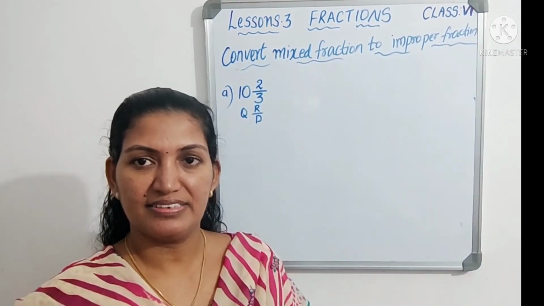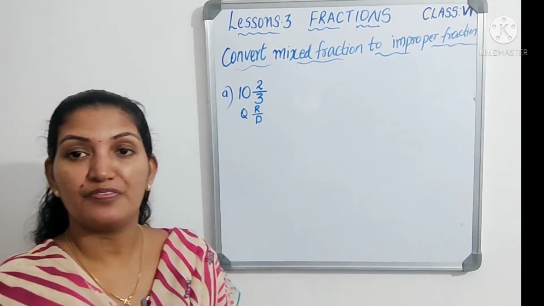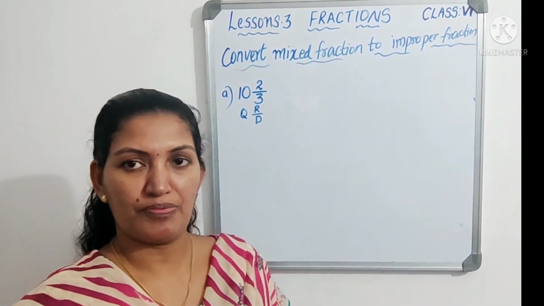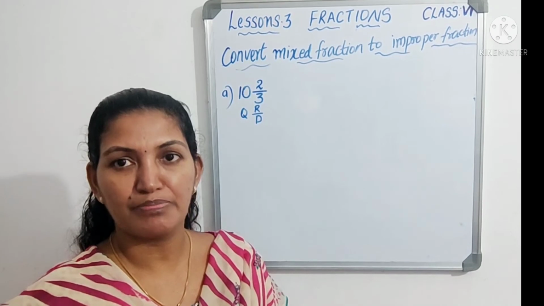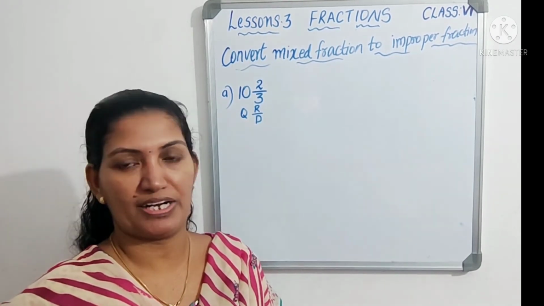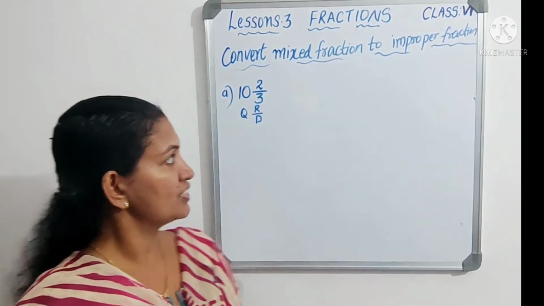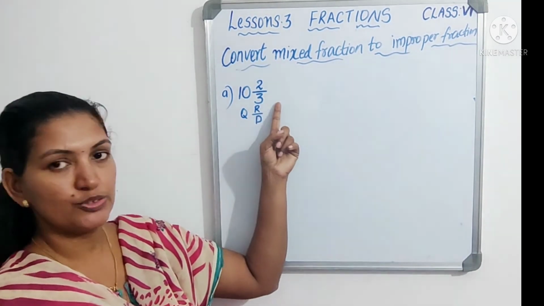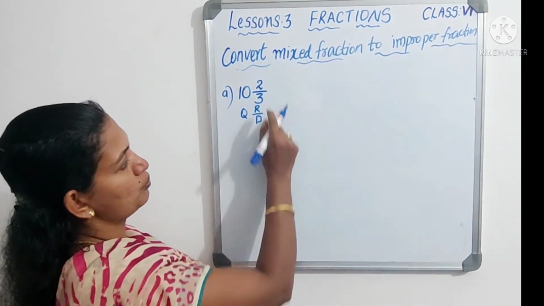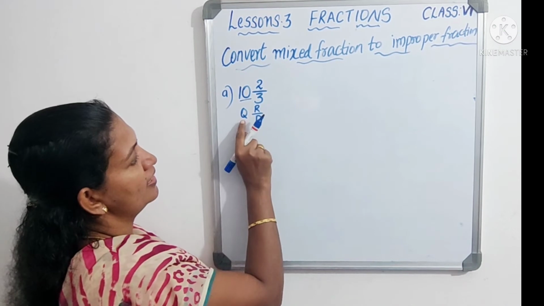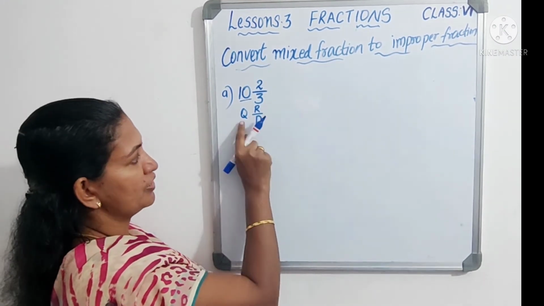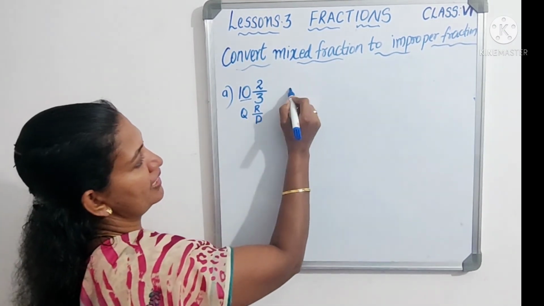Understand, all of you? Next, how to convert a mixed fraction into an improper fraction. First question, 10 2/3. We know that this is in the form Q R/D.